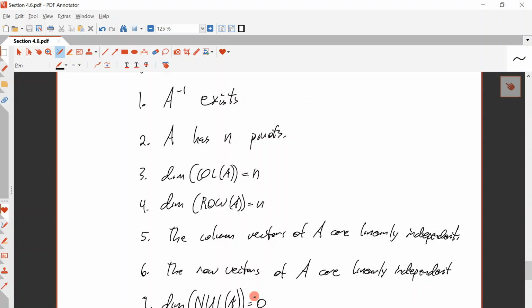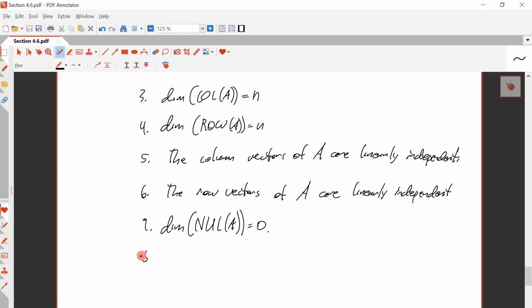And we also had that one from chapter 3 about determinants. Let me add that one in there. The determinant of A is not 0. This was from section 3.2.